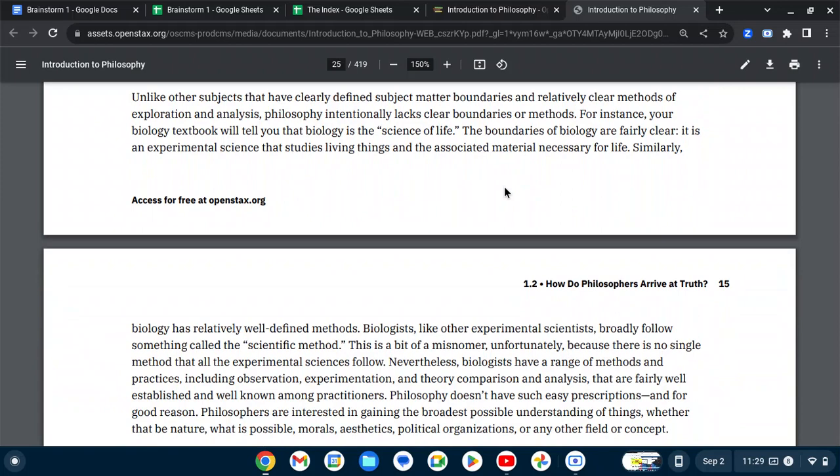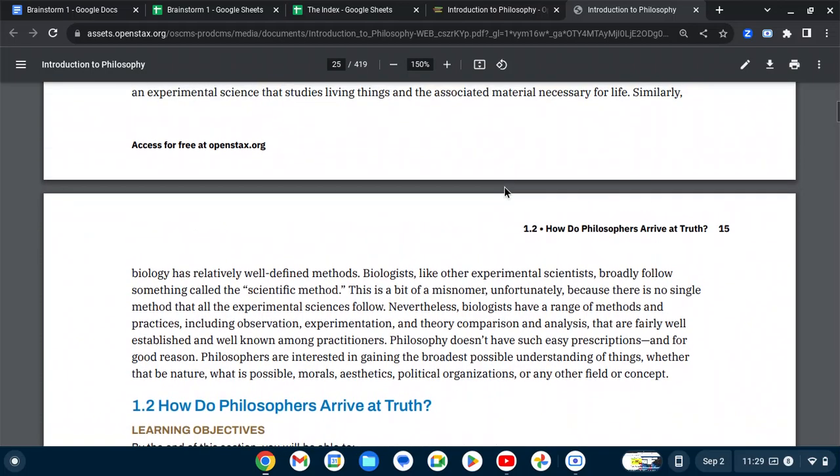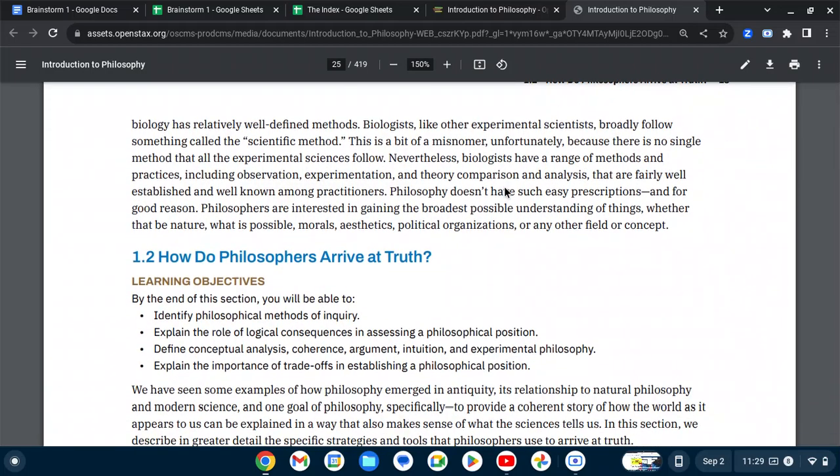For instance, your biology textbooks will tell you that biology is the science of life. The boundaries of biology are fairly clear. It is an experimental science that studies living things and the associated material necessary for life. Similarly, biology has relatively well defined methods. Biologists, like other experimental scientists, broadly follow something called the scientific method.